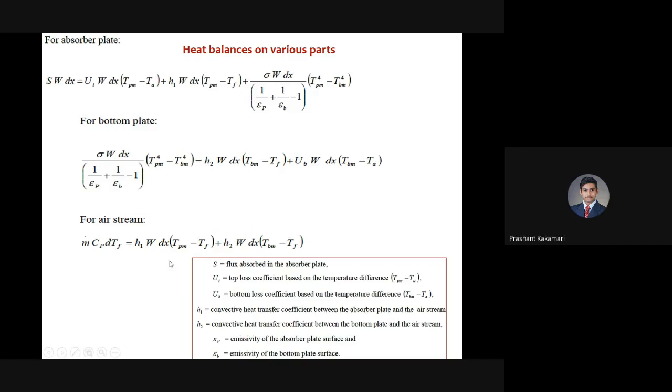Once you add these two things, I can write it as H1 A into delta T with respect to plate temperature and the fluid temperature, plus H2 into area into delta T. This temperature difference is between the bottom plate and the fluid or the air. So now we have written all three heat balance equations for the three surfaces where the exact heat exchange is required for the application part.